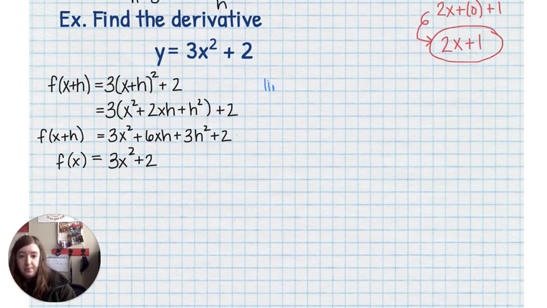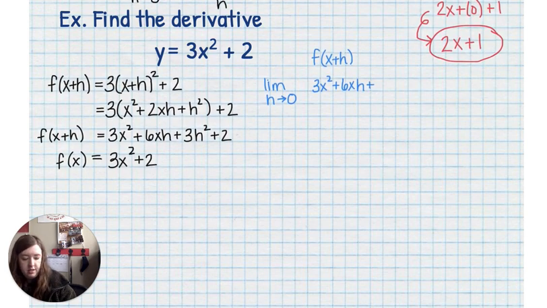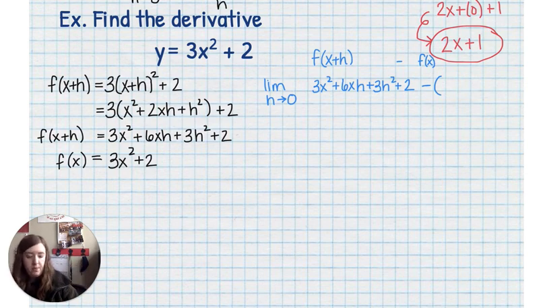So now we'll put that into our formula. The limit as h approaches 0 of, remember we're going to do f of x plus h first. So that'll be 3x squared plus 6xh plus 3h squared plus 2 minus our f of x, and I like to put parentheses around my f of x so I remember to distribute the negative out, 3x squared plus 2 in there, and then it goes all over h.